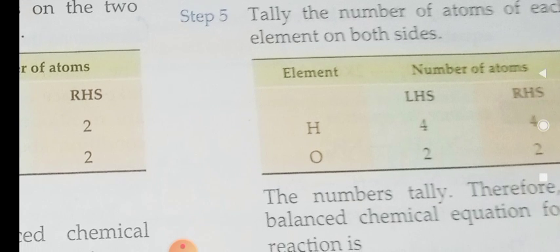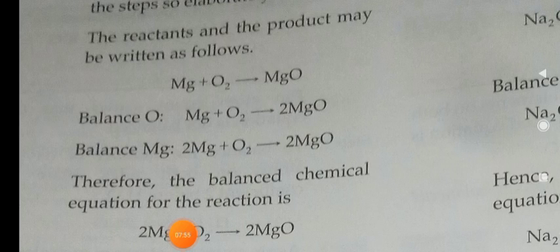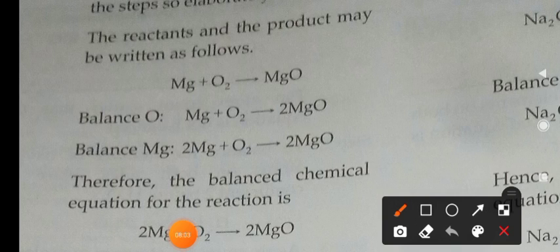Okay, children, this is how we can balance equations. Did you understand? Now some other examples. Magnesium plus oxygen gives magnesium oxide, that is Mg plus O2 gives MgO. Mg is 1, so it is balanced, but oxygen is O2 here and only 1 there. So we have to balance oxygen.